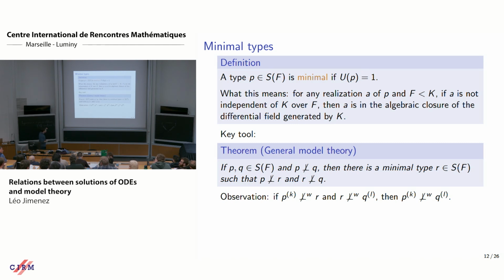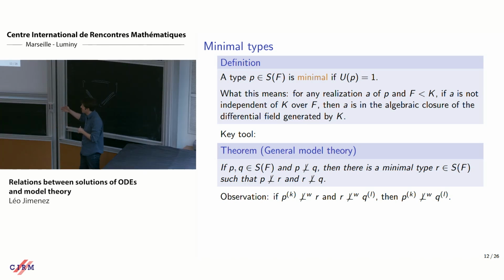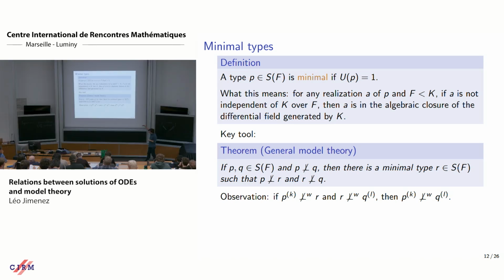Okay, and the observation here, which you can just prove, is that if P to the K is not weakly orthogonal to that minimal type, and Q to the L is not weakly orthogonal to that minimal type, then P to the K is not weakly orthogonal to Q to the L. So this is sort of the first reduction for the proof, and the proof is going to be by successive reduction to more and more specific things.